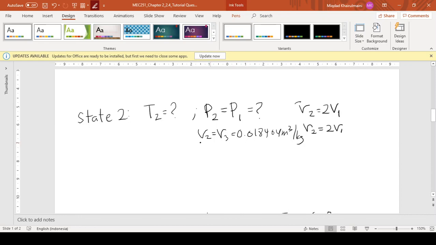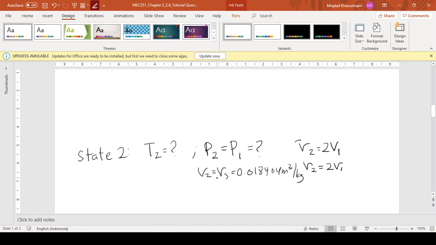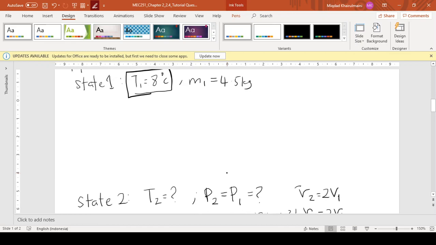Now we have one property which will help us to check the phase, but still not enough, we need two. So don't panic, we can still reverse. Now we try to look at state 1. What can we do with this property which we can relate to state 1?